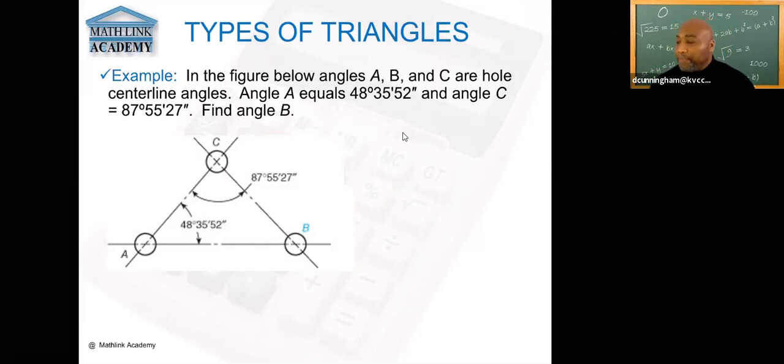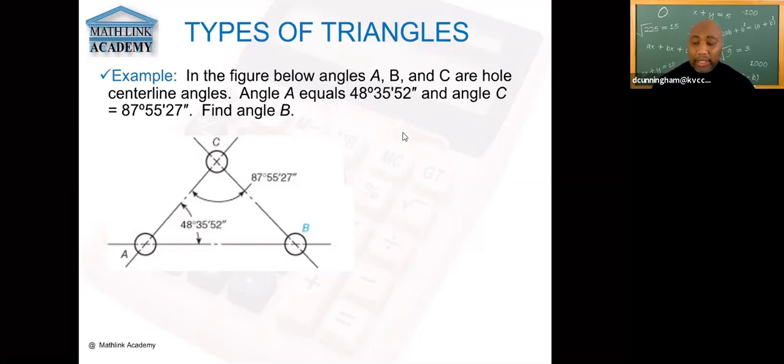For this example, in the figure below, we have angles A, B, and C, which are the interior angles. Angle A equals 48 degrees, 35 minutes, and 52 seconds.